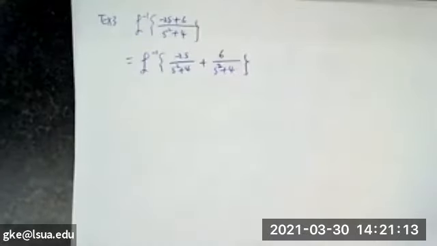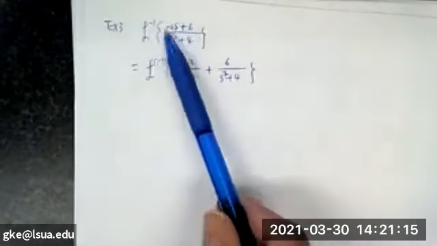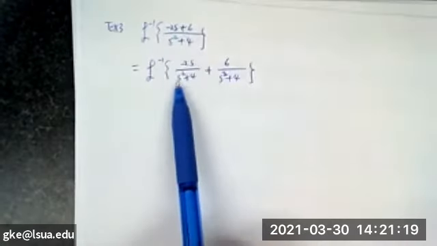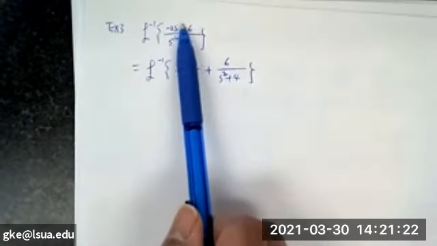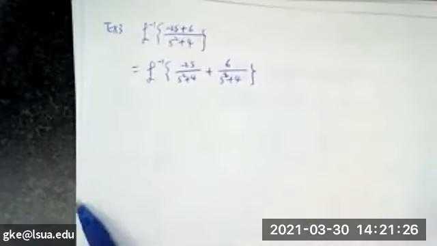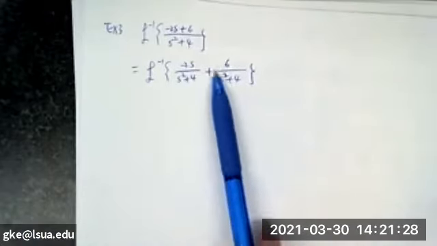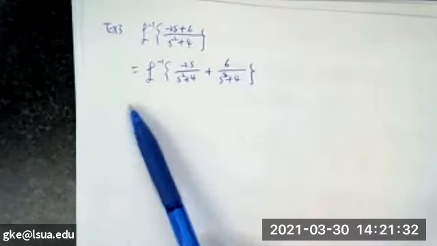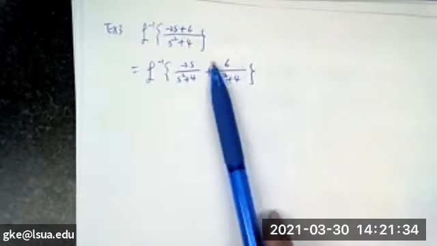You see it? We can split the numerator into two parts: negative 2s divided by s squared plus 4, plus 6 divided by s squared plus 4, right? That's the reverse process of fraction addition.